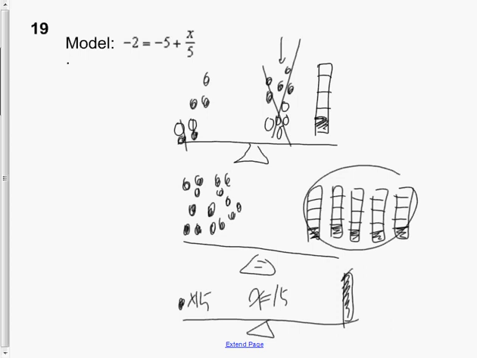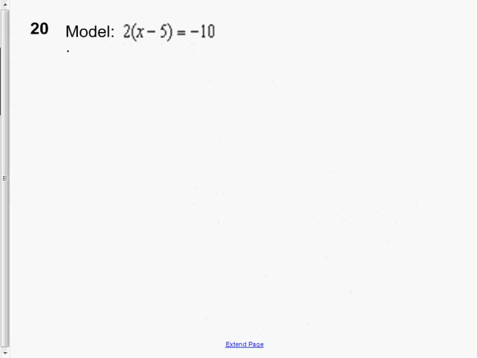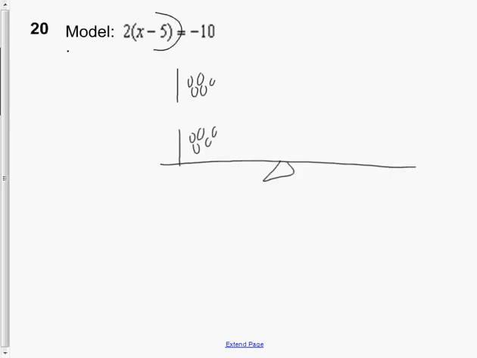And in your last question, is it distributive property modeling? 2 groups of x minus 5. There's one group. There's another group. There's 2 groups of x minus 5, which is what this says, is equal to -10. All right. So the first thing I'm going to do is add 10 to both sides to get rid of the constant.